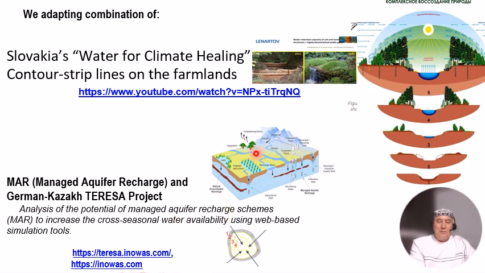Simply saying, we study topography and try to develop high resolution topography, and we identify the lowest locations where water could be collected, how water can penetrate the soil, and how water could be stored and reused later.